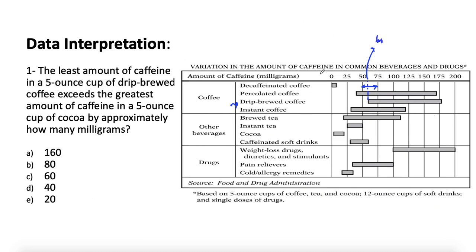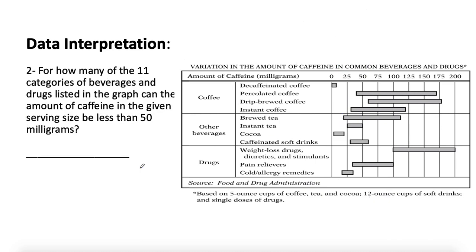I'm just approximating. And the greatest amount of caffeine in a 5-ounce cup of cocoa, again this is 25, so that will be something around 20. The question asks for the approximate difference between these two. 60 minus 20 is 40. So the answer is option D.